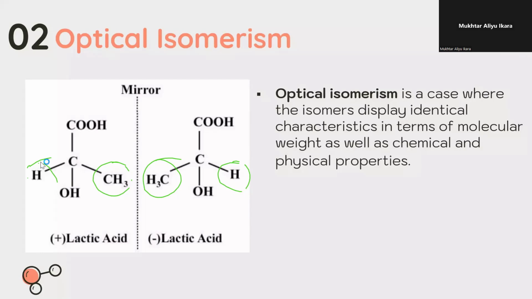When we say chiral carbon, it means a carbon that has 4 different groups attached to it. Whenever you have a carbon with 4 different groups attached to it, that carbon is called a chiral carbon, or in some textbooks a stereogenic carbon, or what you call an asymmetric carbon.